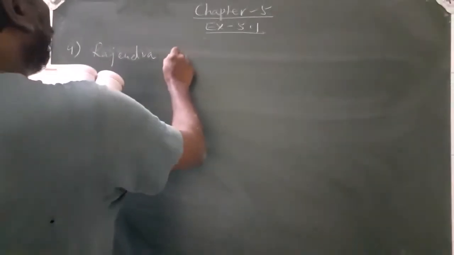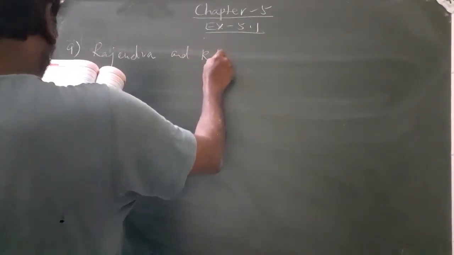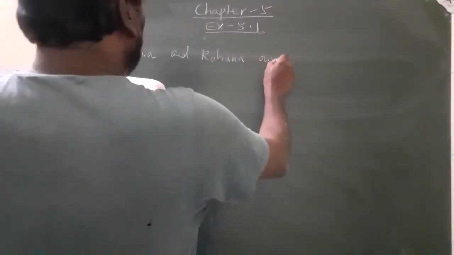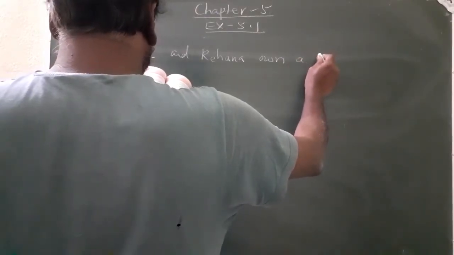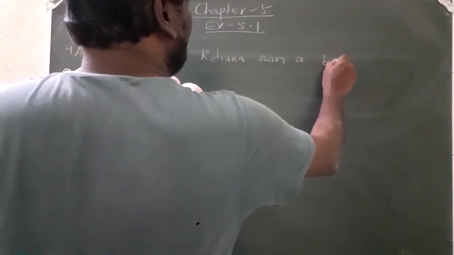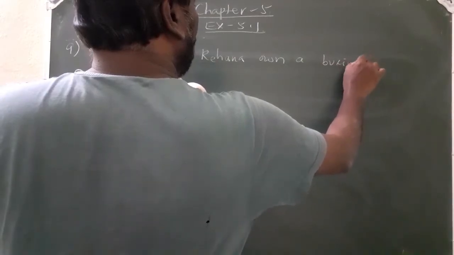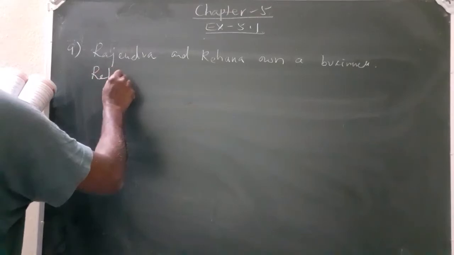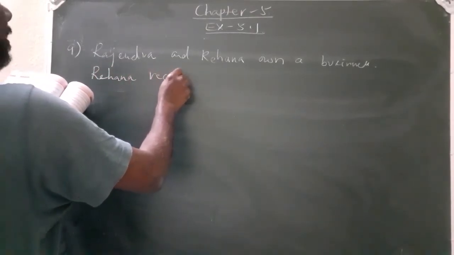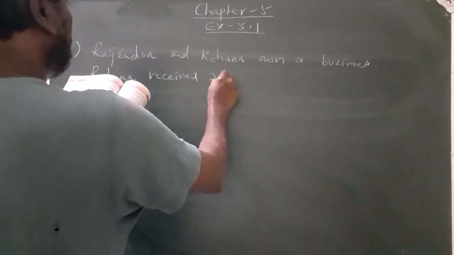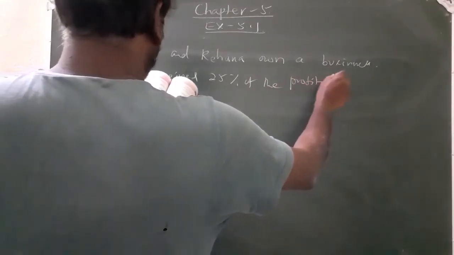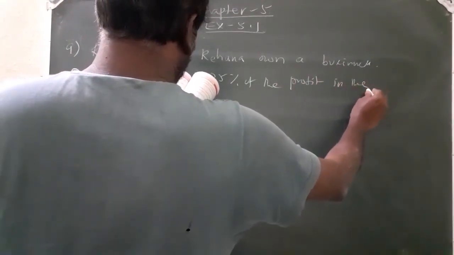Rajendra and Rahana own a business. Rahana receives 25% of the profit in each month.